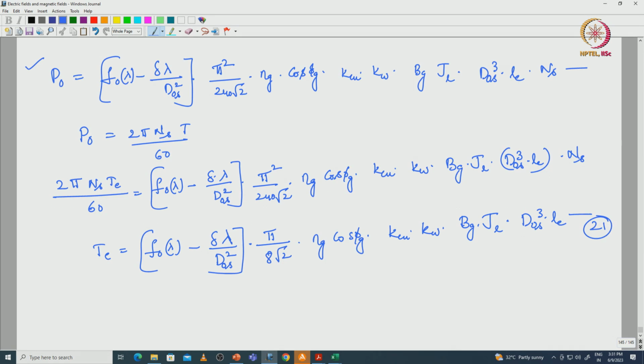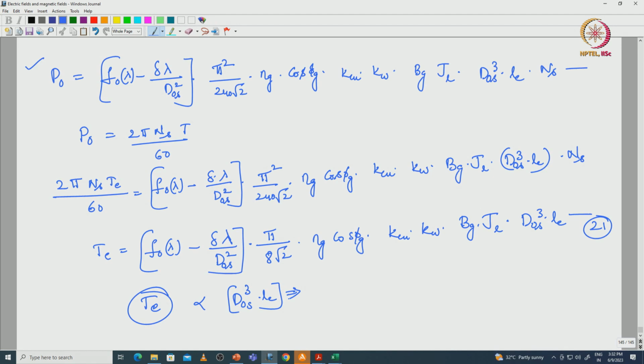From this equation we can see that the torque developed by an electrical machine is directly related to the volume product, that is D cube L. This product is not only the volume into the outer diameter of the stator.